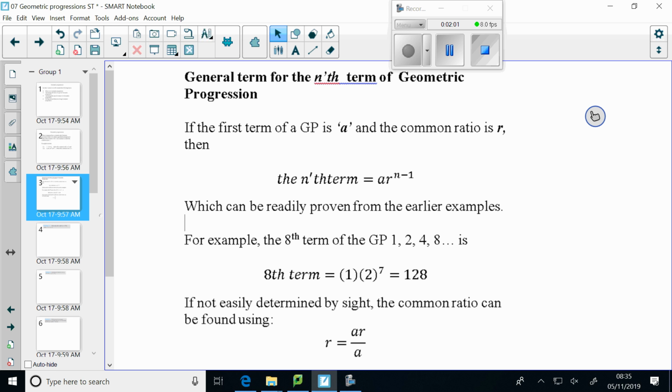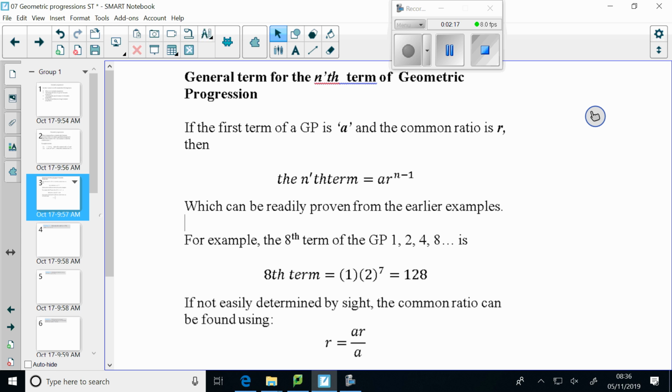We can readily prove that from the earlier example. For example, the 8th term of the GP 1, 2, 4, 8 is given by 1 times 2 to the power 7, which is 128.